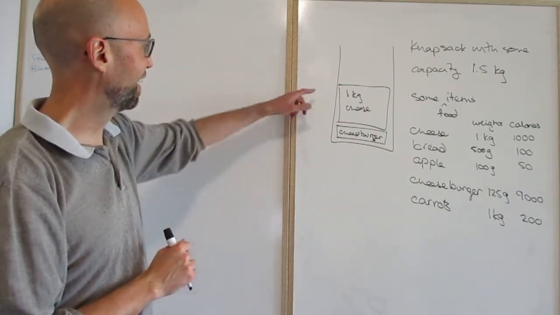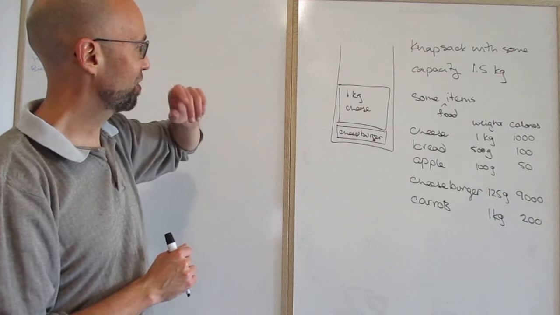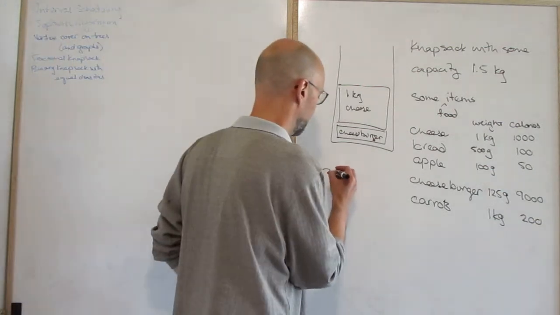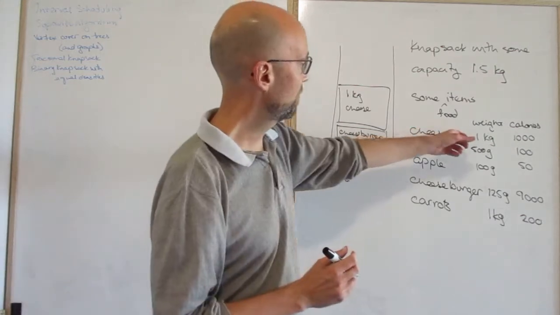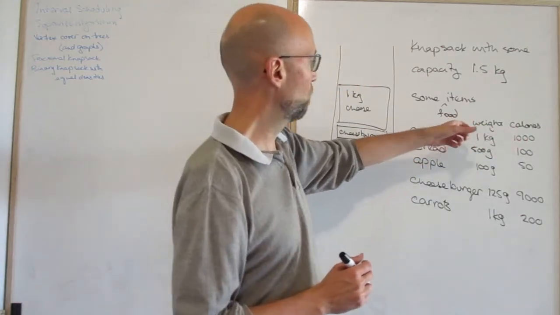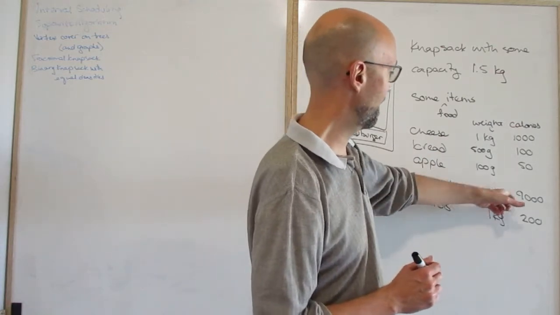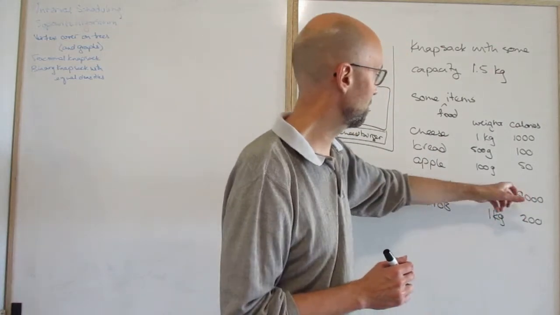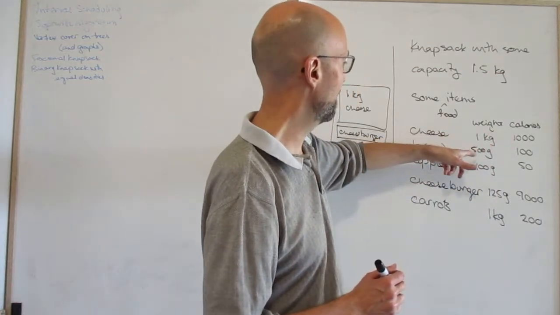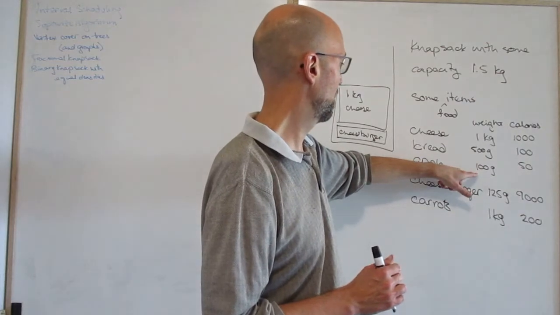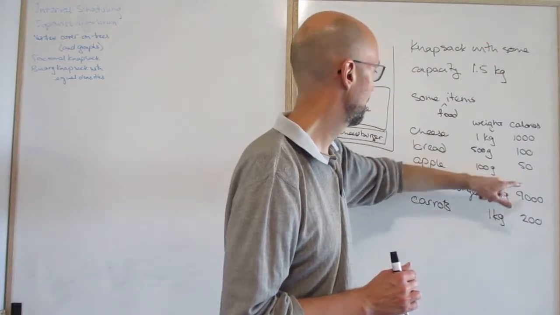Okay, so now we have 375 grams left, because this is 1 gram for 1 calorie. This is 1 gram has way more than 1 calorie. So the cheeseburger is best. Then this is 1 to 1. This is 5 to 1. This is 2 to 1.